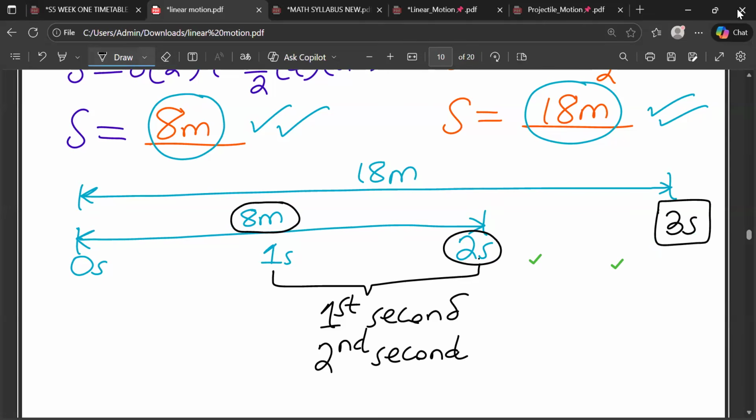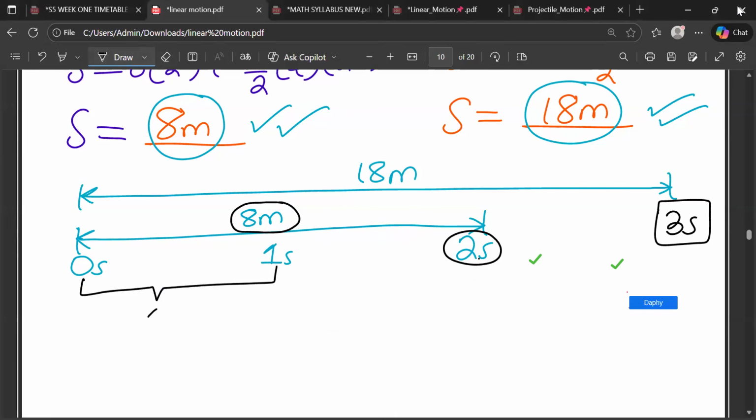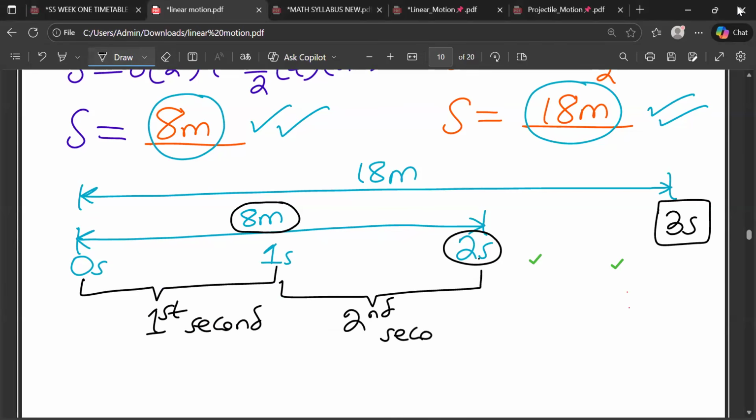What is the right English to use? Is it in the first second or in the second one? In the second, yeah. That is it. People are seeing it. So by the time it clocks 1 second, that means we have been in the region for first second. So this one is the first second. Then this one is the second. Then this one is the third second.